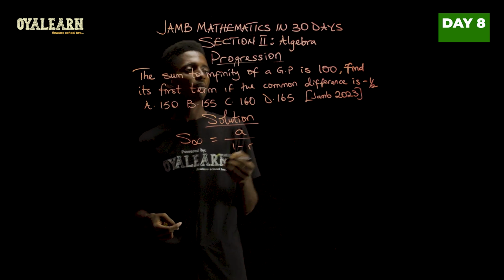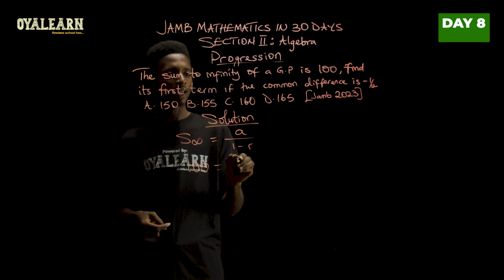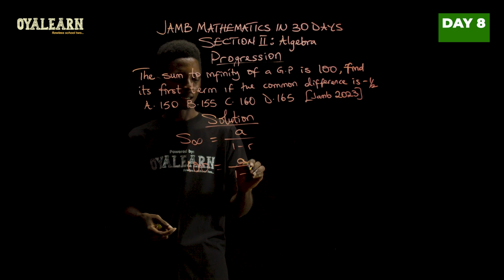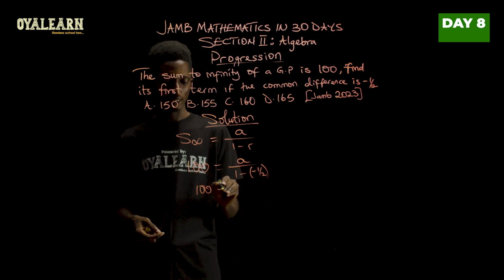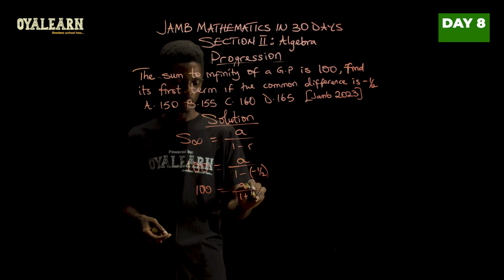So since the sum to infinity is given as 100, 100 will be a, which is what we're actually looking for, all over 1 minus r, where r is minus half. So if we work with this, we should have 100 equals a over 1 plus half.